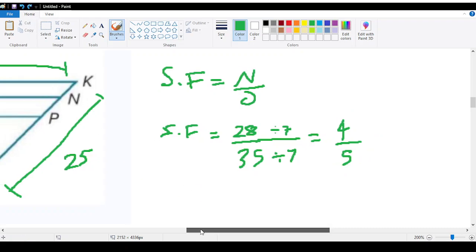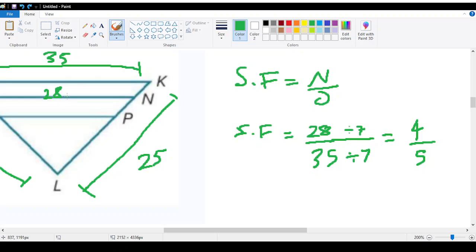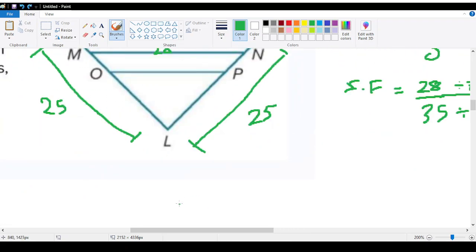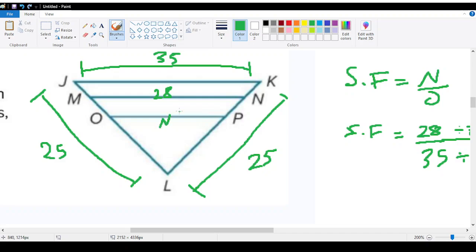So we know the scale factor. If we get the scale factor, we will multiply the old side by it in order to know how much the new side is. I don't know how much the new one is. So this was new, this was old.